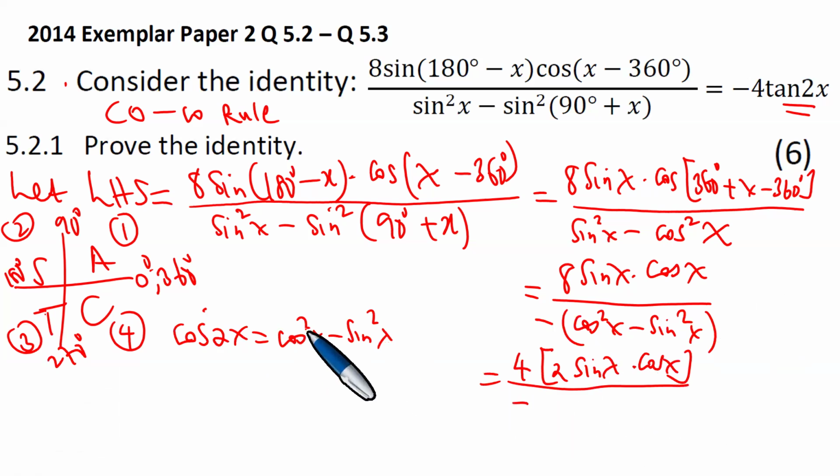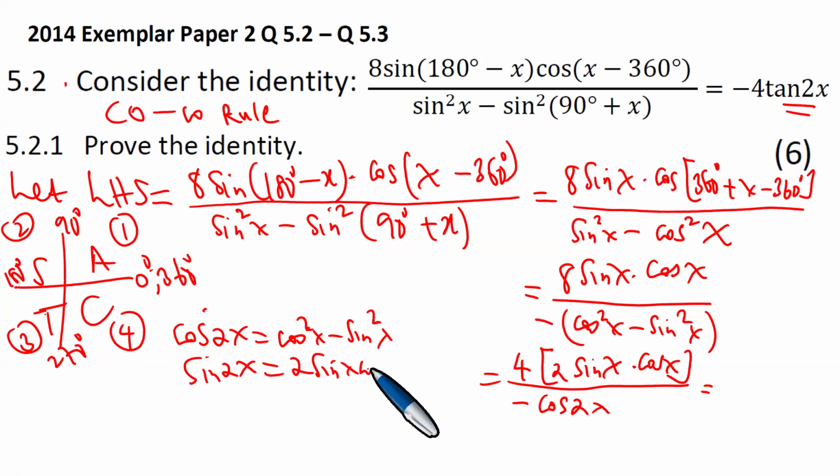We have seen that cosine squared x minus sine squared x is cosine 2x, and the denominator will therefore be minus cosine 2x. Now, 2 sine x cosine x: we know that sine 2x is the same as 2 sine x cosine x, our double angle formula.